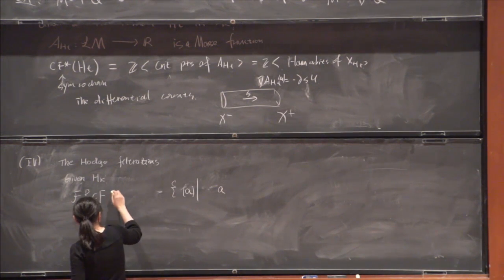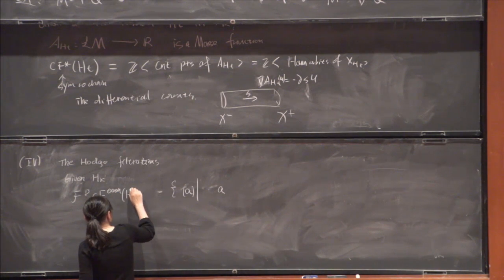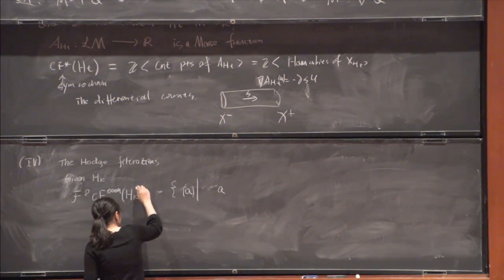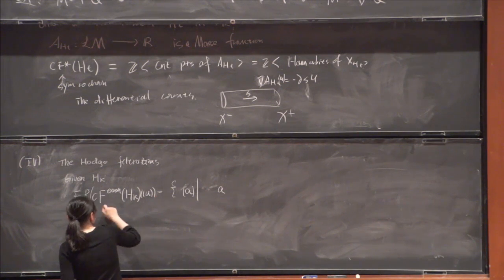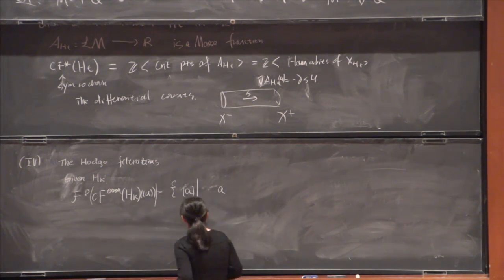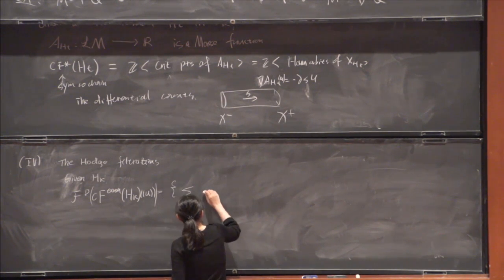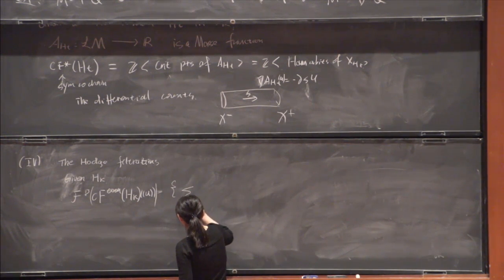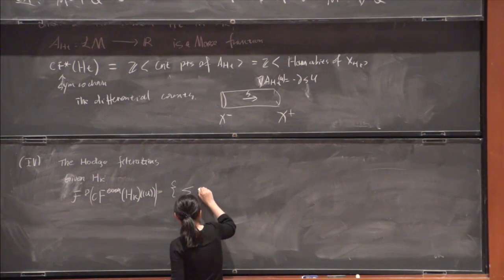Let's first define it on the chain level. This is the filter piece P. It's everything that is filtered with respect to the Euler-like filtration.